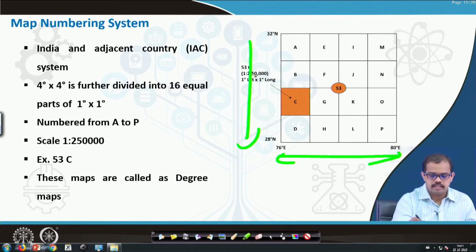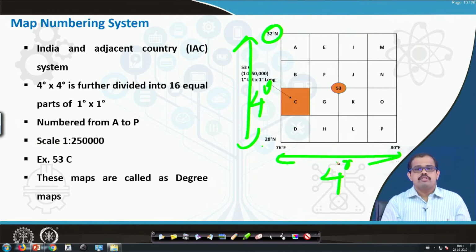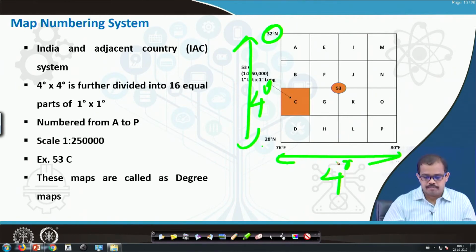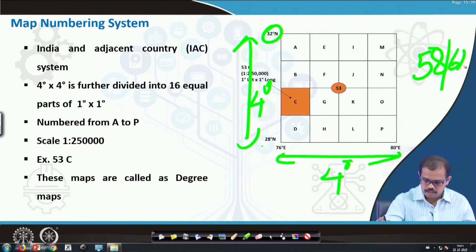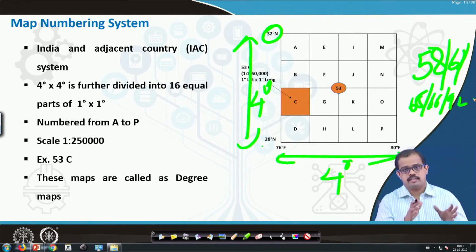If you look at it, an example given here is 28 to 32 is a 4 degree map, and this is a 4 degree map. So that is nothing but a 1 is to 1 million map. So that is represented by a number 58 or 61 or 65, 66, 92, whichever map, whichever state of India or city of India you are looking at.